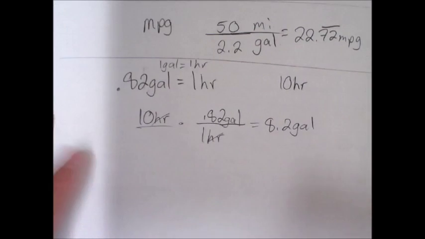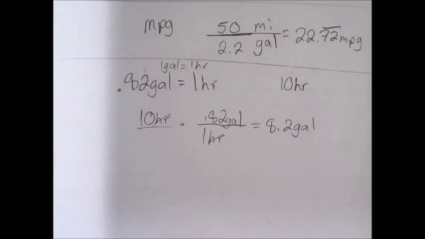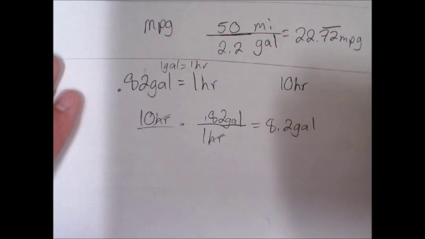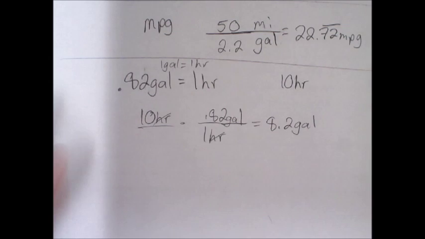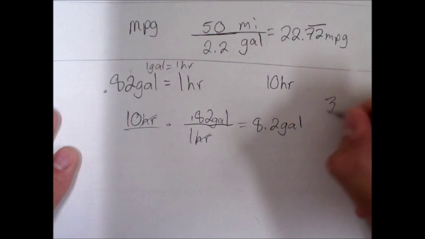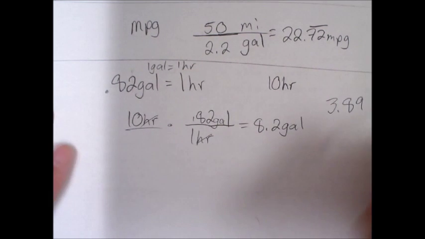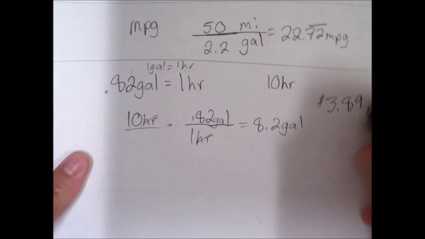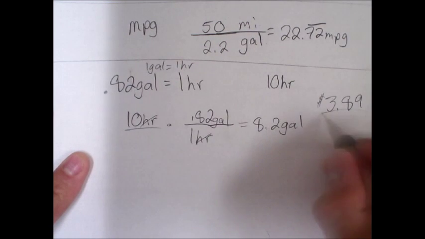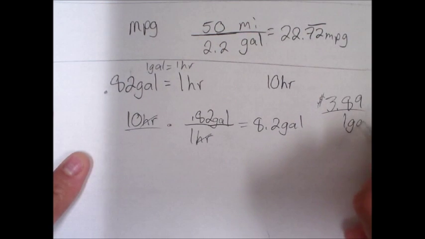So 8.2 gallons. If you use 8.2 gallons in a 10-hour period, and diesel, when my dad was truck driving, was actually I think $3.89 or something like that, a gallon. Well, let's just go over here. $3.89 per 1 gallon. So again, I have another unit conversion.